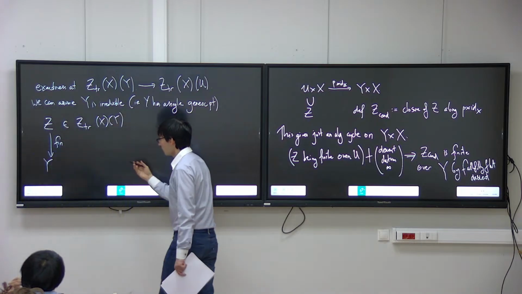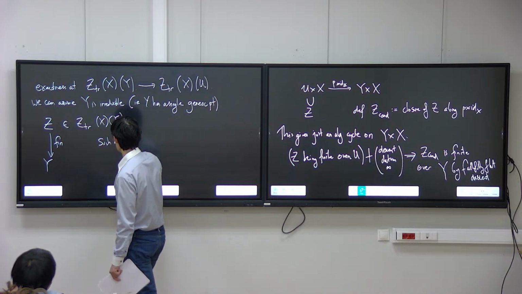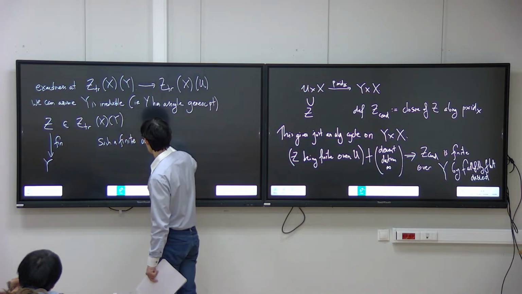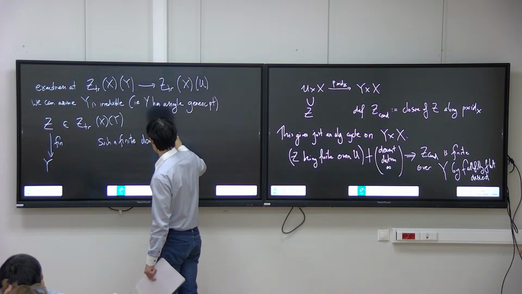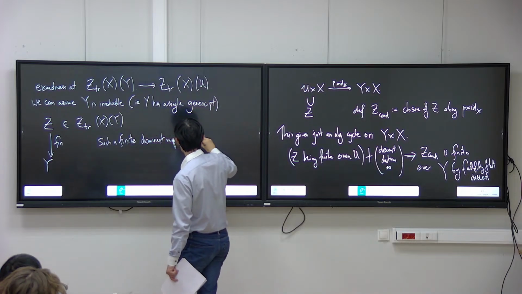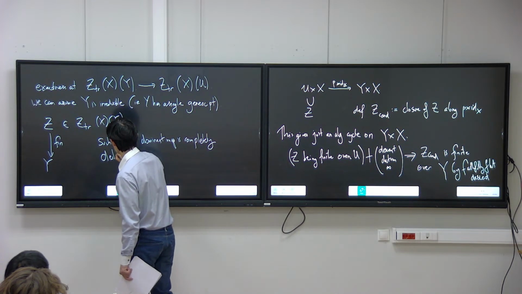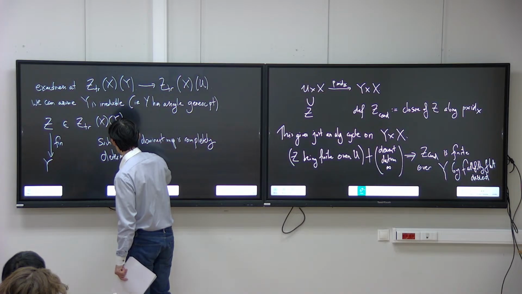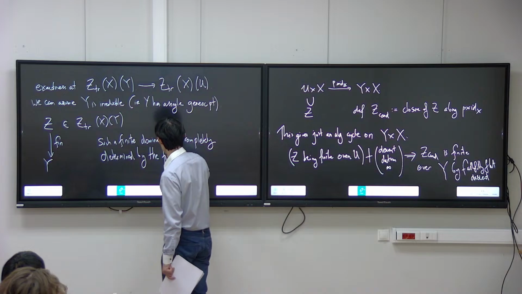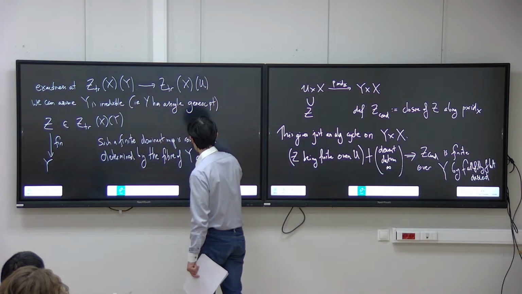Such a finite dominant map is completely determined by the fiber of y at the generic point.